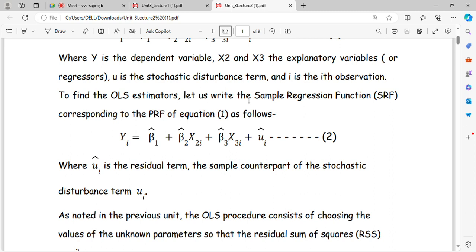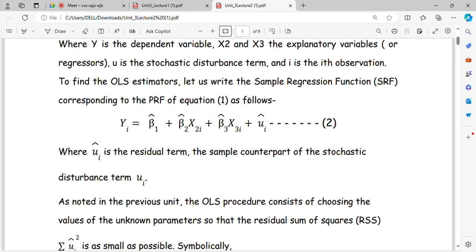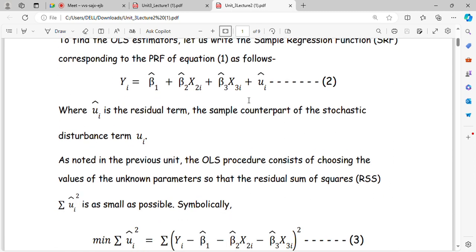Okay. As noted in the previous unit, the OLS procedure consists of choosing the values of unknown parameters so that the residual sum of squares, RSS, is as small as possible. আমরা যেটা আমরা আগেও করে এসেছিলাম যে অর্ডিনারি লিস্ট স্কয়ার কি করে না এই রেসিডুয়াল সাম অফ স্কয়ারটাকে যতটা মিনিমাইজ করা যেতে পারে। Why sum of squares?